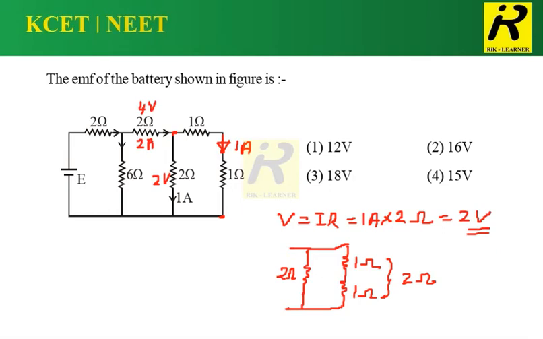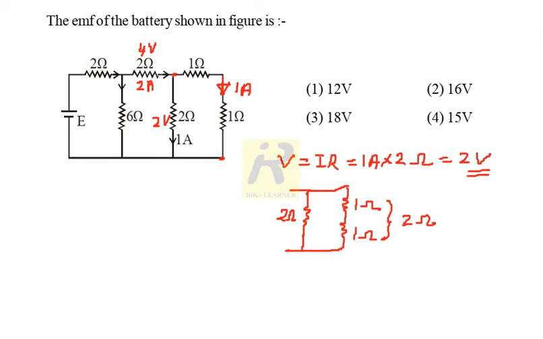Now what we are having in this picture, be careful about this. Here this is the node where 2 ohm begins. And further, at this point, we are having two branches like this.